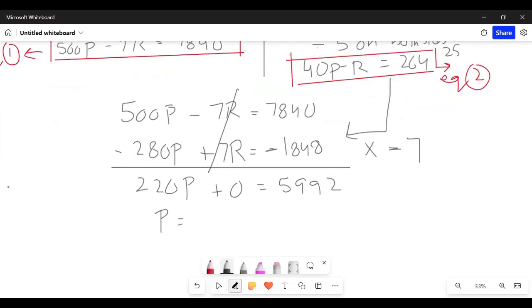P is equals to 5992 divided by 220, which is giving me 27.236, rounds to 27.2.